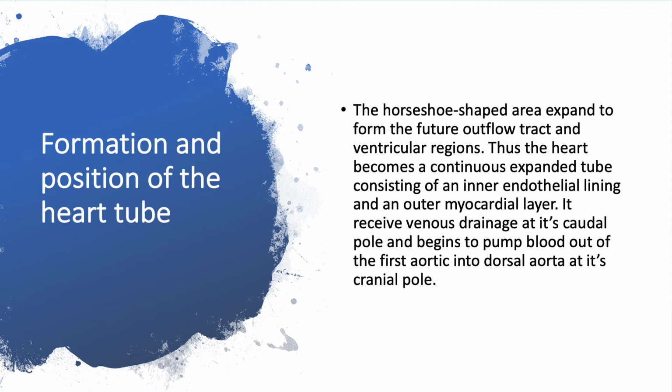So after formation of the heart tube, this heart tube will be expanded forming the ventricular region, and the heart consists of two layers, endothelial and myocardium, and it receives the venous drainage from the caudal pole and pumps the blood out through the first aortic arch into the dorsal aorta. And we said before, the dorsal aorta originates from the union of the blood islands.